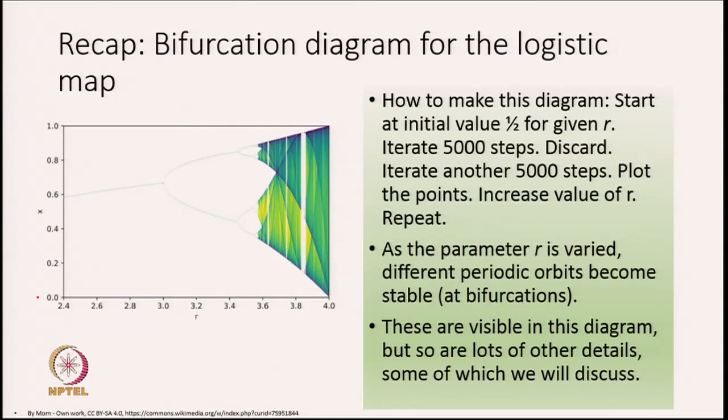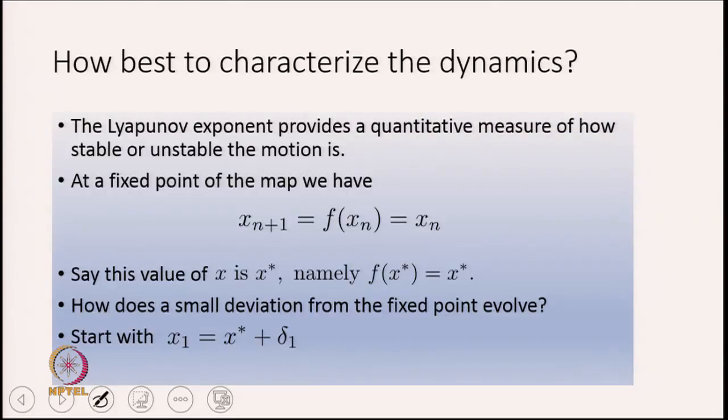You can see some very evident kinds of lines, and what we will try to discover in this lecture today is how one understands a picture like this. Now, let us start by wanting to characterize the dynamics. The Lyapunov exponent is a quantity which provides a very quantitative measure of how stable or unstable the motion is.